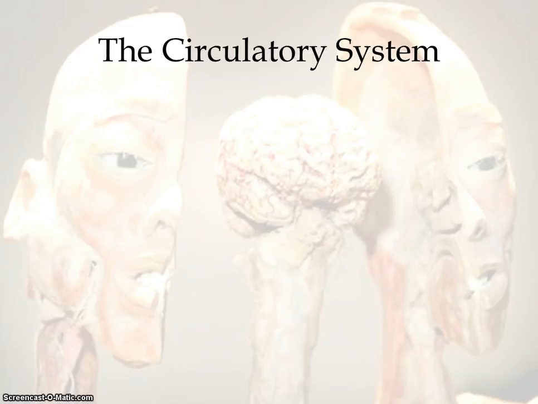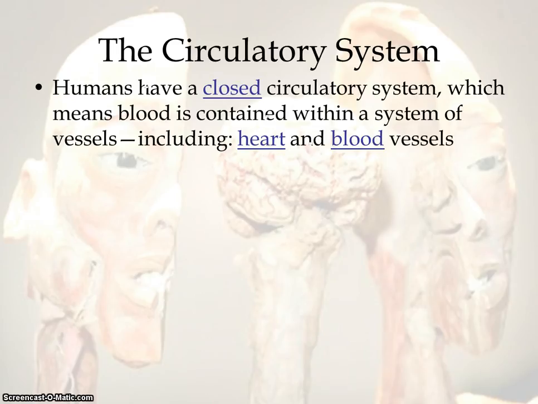All right, the next system we're going to focus on is the circulatory system. Humans, remember we've talked a little bit about this when we talked about animals. Humans have a closed circulatory system, not an open one, which means that the blood is contained within a system of vessels that includes the heart and blood vessels, veins, and arteries.